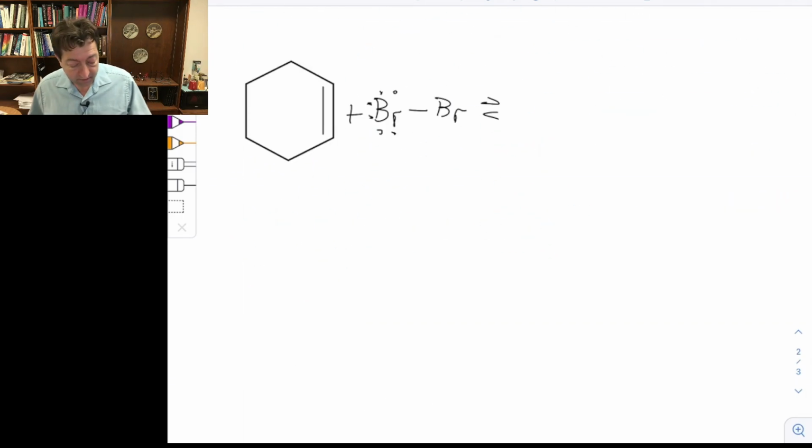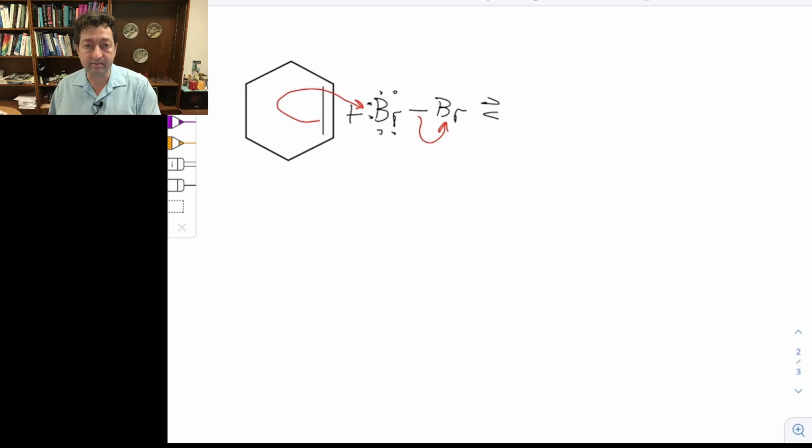So the mechanism that we develop for this particular reaction is that we think that, of course, that carbon-carbon double bond acts as a nucleophile in a way that we've discussed a couple of times already. And what we would expect as well is that attacking that bromine in the Br2 molecule with the double bond, electrons of the double bond, would result in kicking off that bromine-bromine bond with the two electrons going onto the bromine.